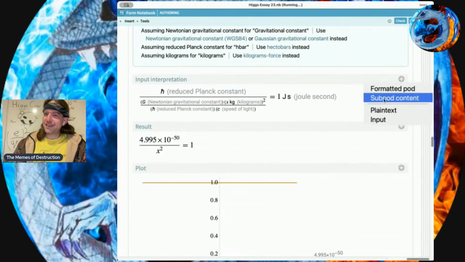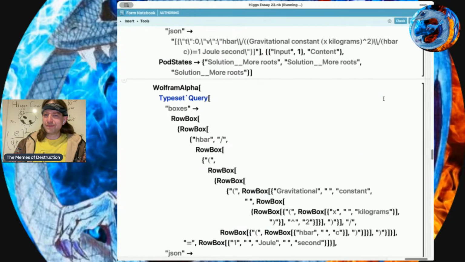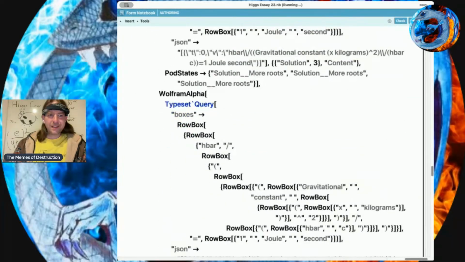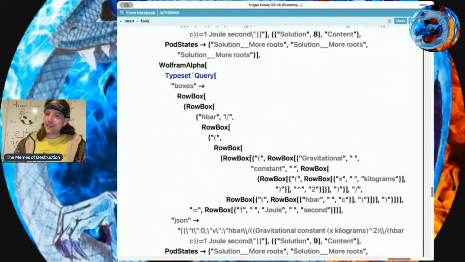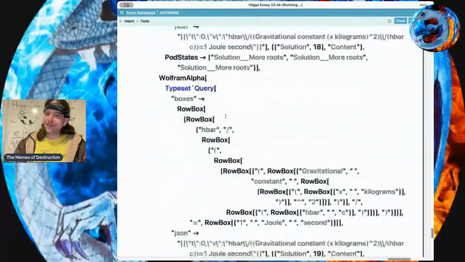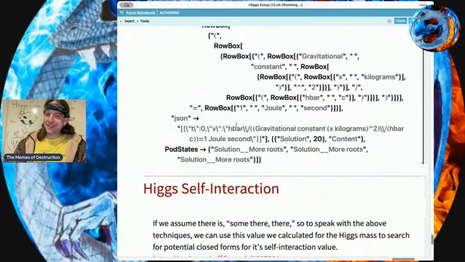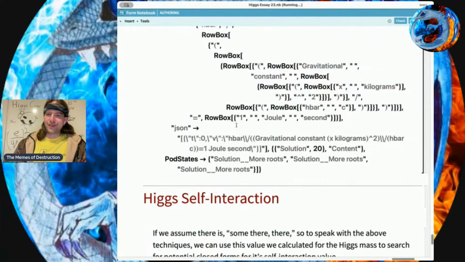Okay, expression out. Boom. All right, go back down here. So much stuff. More roots, more roots.